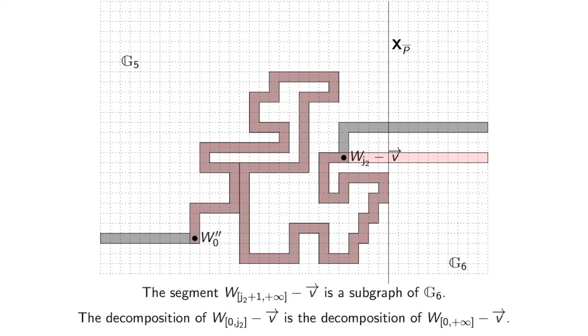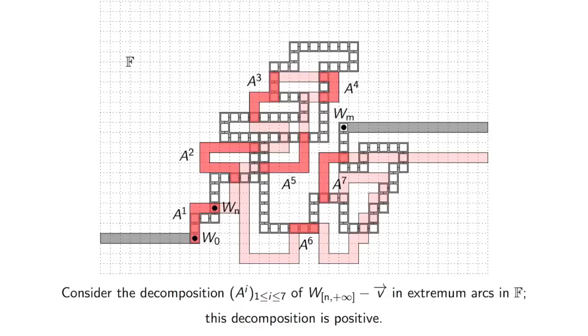We have proven in the toolbox that, in this case, the decomposition in extremum arcs of the red path in the free zone is the same one as the decomposition in extremum arcs in the free zone of the translation by -V of the segment of the window W from index 0 to index J2. Now, consider the decomposition of the red segment in extremum arcs in the free zone. This decomposition is the same one as the decomposition of an extremum positive path. Thus this decomposition is positive.